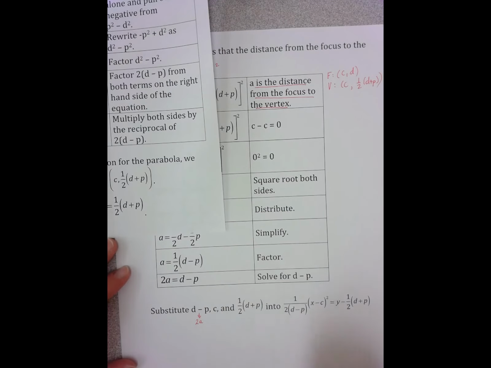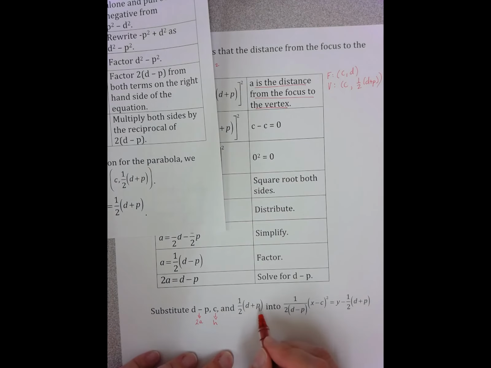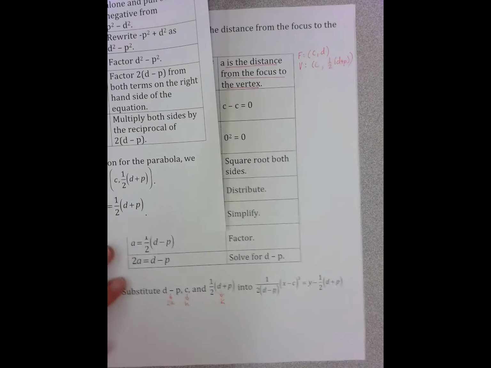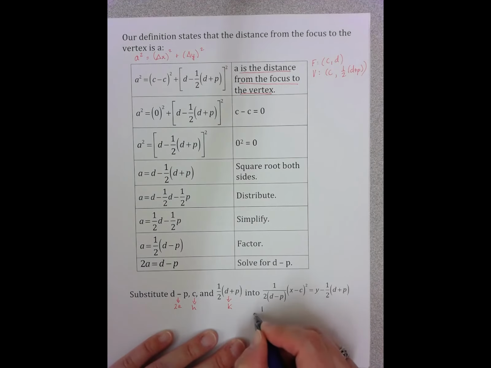with 2a, c with h, and the 1/2 d plus p with k. So here's my equation. Let's replace. So I have 1 over 2 d minus p, which we said is 2a.